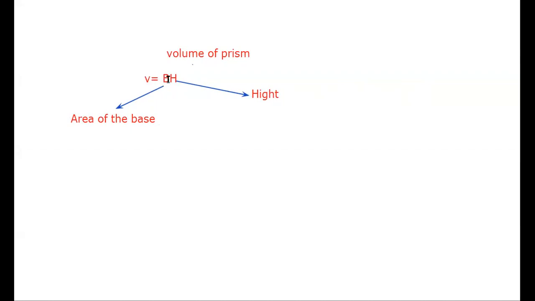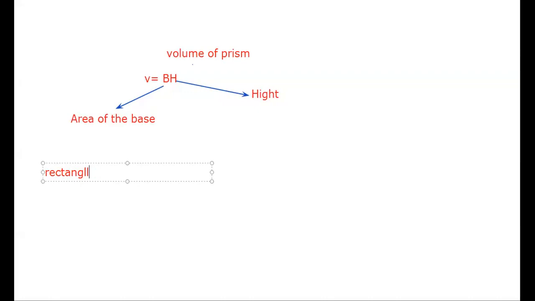So to calculate the volume for any figure, you have to use this formula. Volume equals B times H. What's B? Area of the base. For the base, it could be what? It could be a rectangle, right?